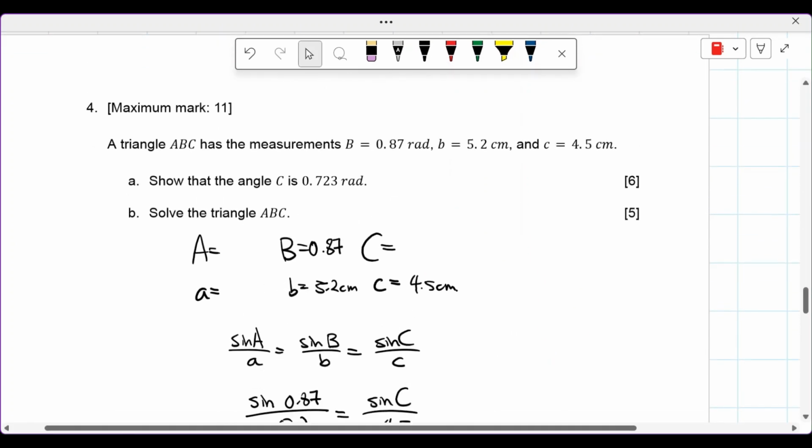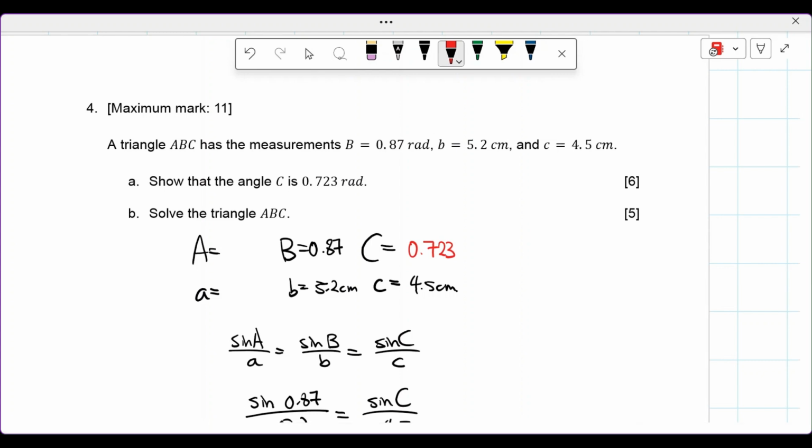So now that I've solved 0.723 radian for the C value, let's compute the other angles, A, and also the other length, lowercase a.